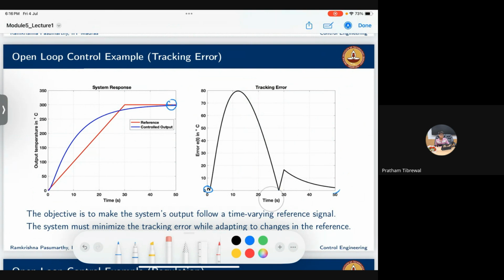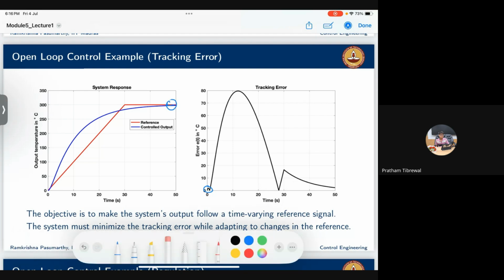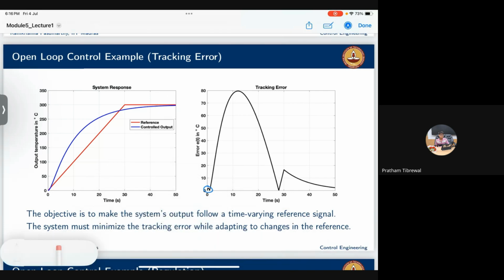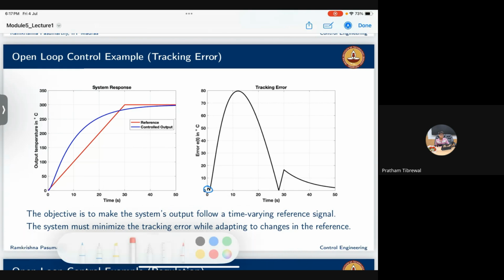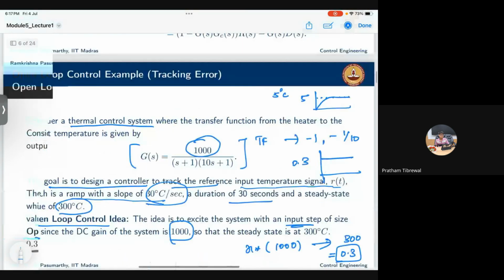Okay, right. So when I simulate this transfer function of 1000 by (s+10)(10s+1), and given this is my reference signal, which increases at a rate of 30 degrees centigrade per second and after 30 seconds reaches 300 degrees Celsius.